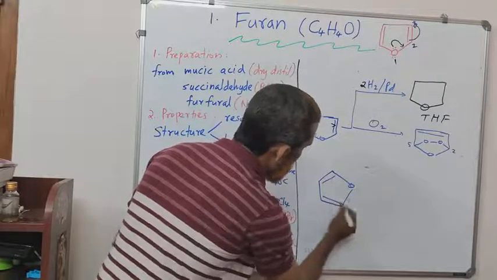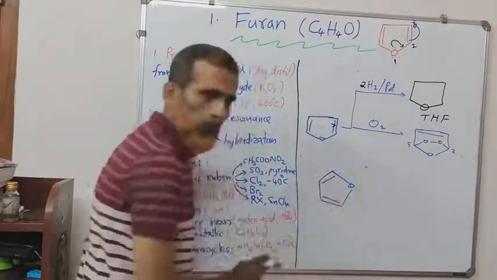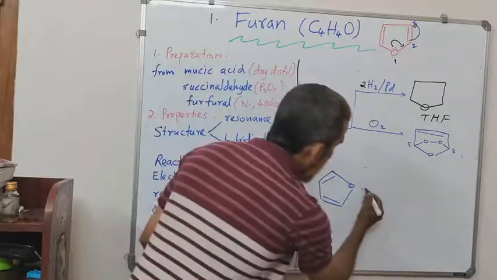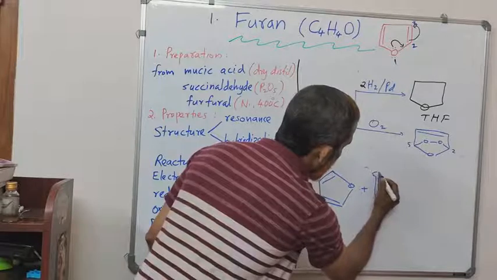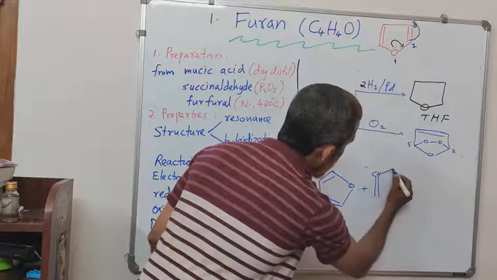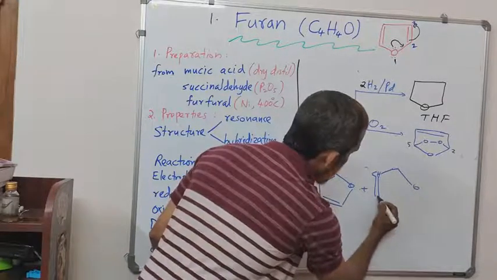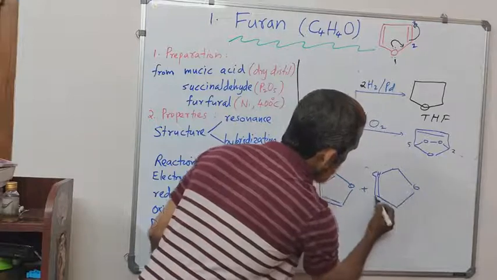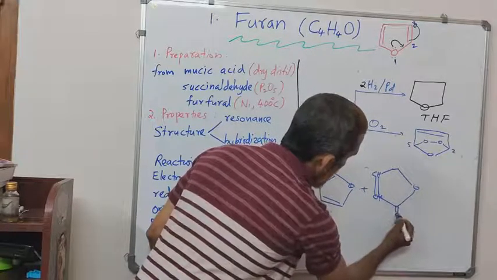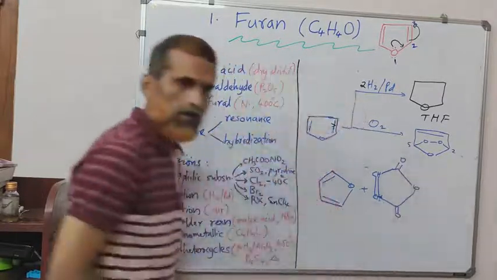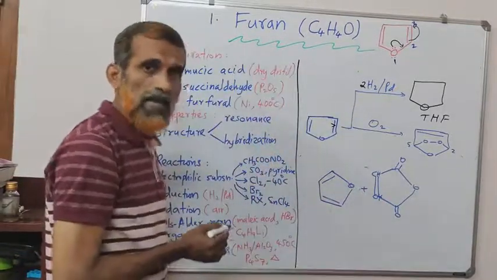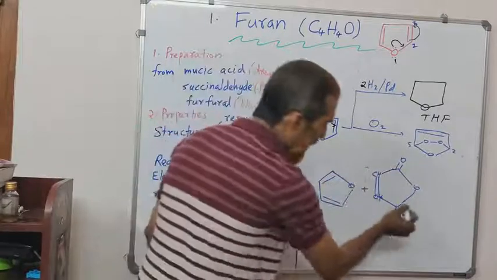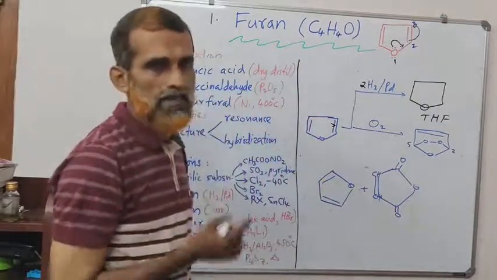Look here. This is furan, a 4 pi system, added to, let us take this compound. Tell me, what is this compound? CH is here, double bond. This is actually maleic anhydride. You know maleic acid, the CH dicarboxylic acid, and we have discussed that in the other module.